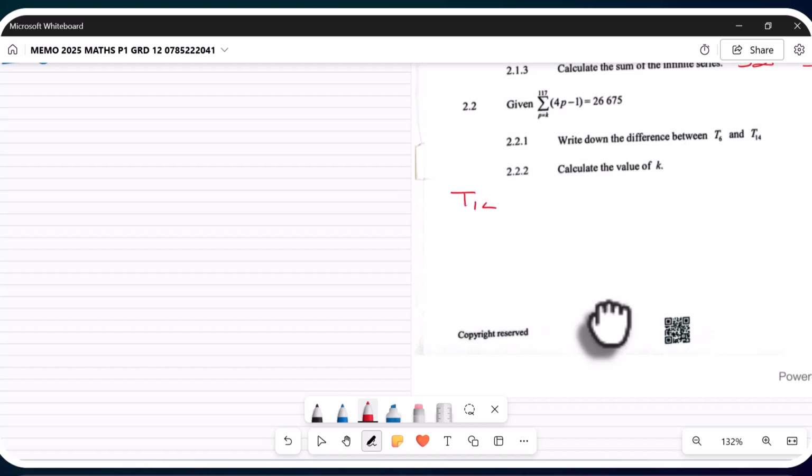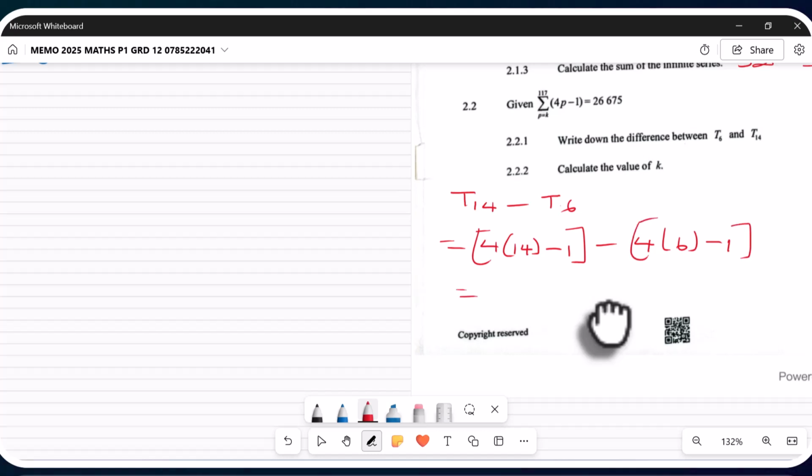Then minus, if I put now the 6 here, it gives me 23. So my answer is going to be 55 minus 23, which is 32. So the answer is 32. Hope we are together.